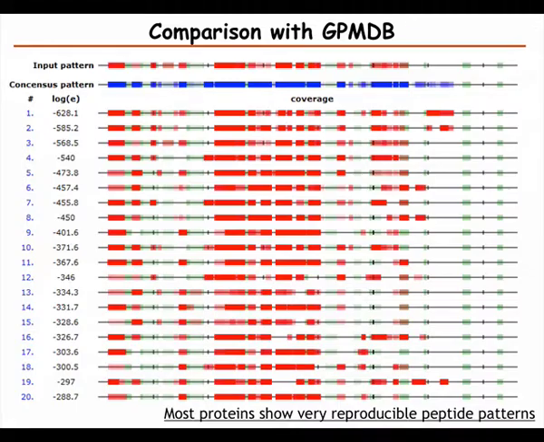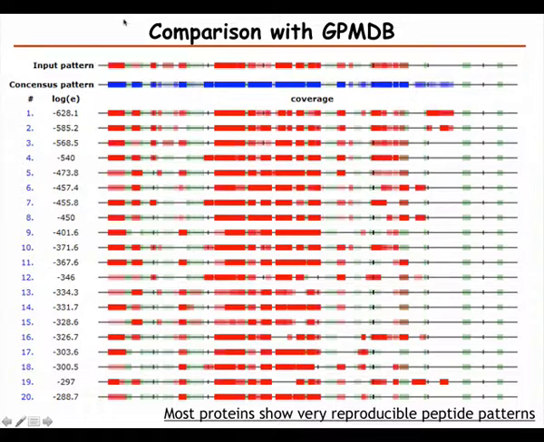So the nice thing is that one can use it, for example, to validate one's experiment. Here, let's say we have a linear representation of a protein, and the red is the peptides that we identified, and the dark red is the high confidence, and the pink is the lower confidence. And the green are parts of the protein that we don't expect to see because they're either very small peptides or very large or very hydrophobic.